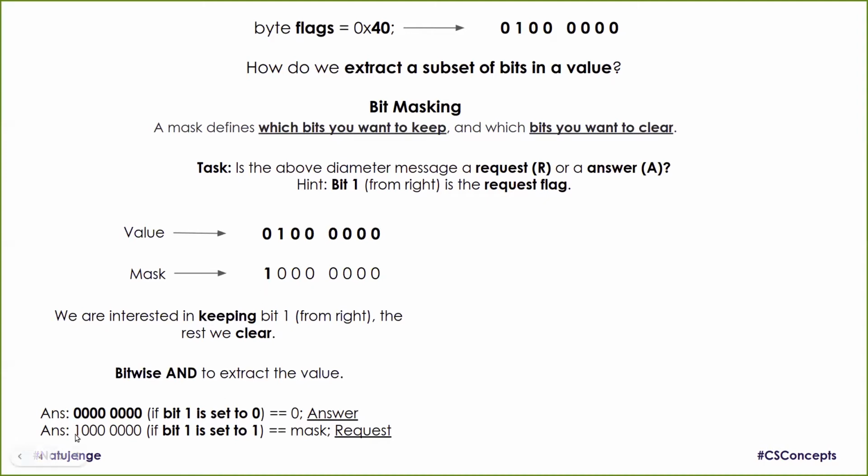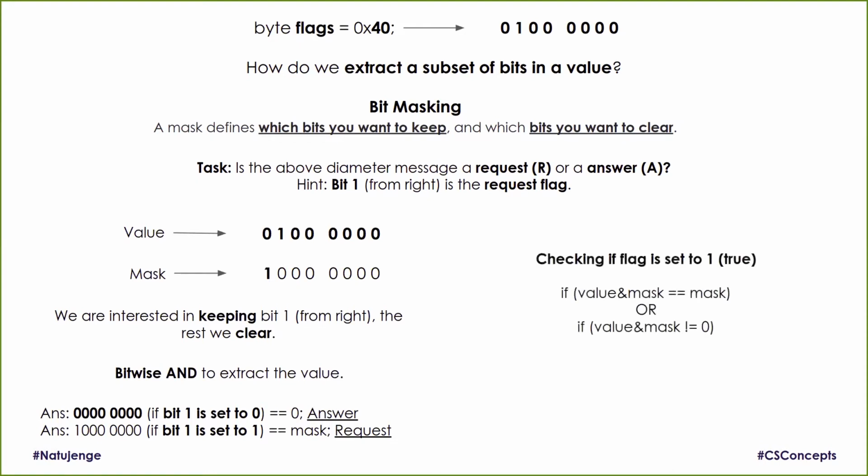Or it can be 1 when bit 1 is set to 1. In case this value is set to 1, it will be 1 AND 1, which gives us 1, and that means it's a request. Otherwise, it's an answer. So you can see how you can use bitwise operations with masks to determine whether a bit is set or not.